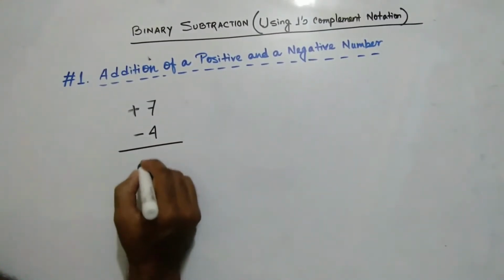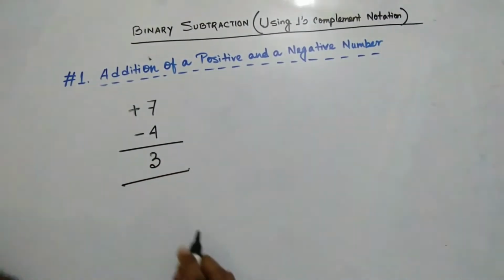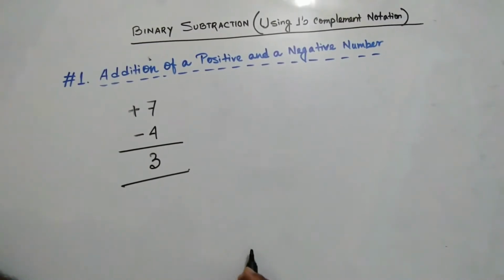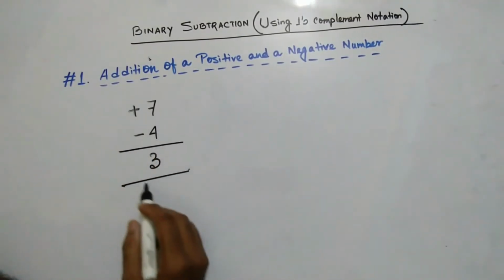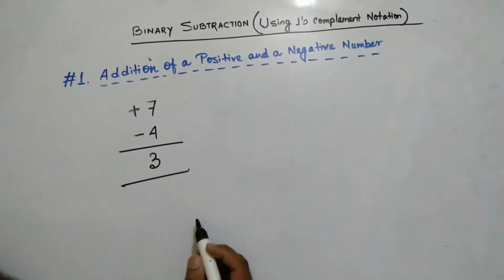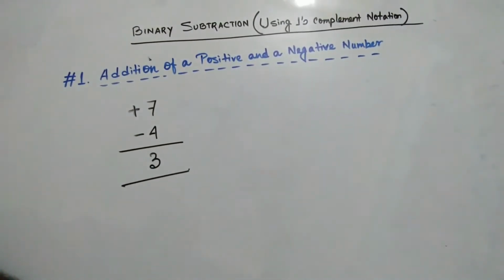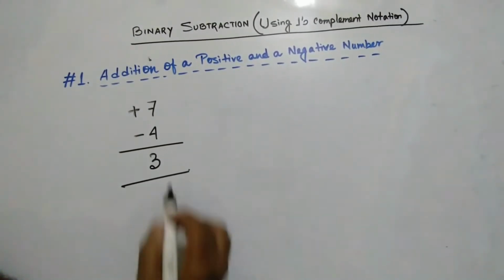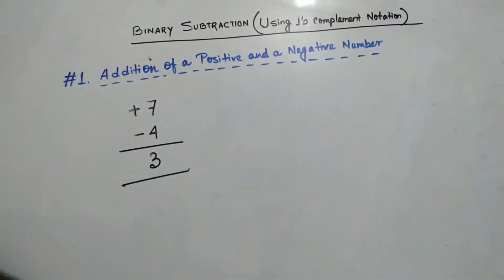The result should be 3, and it will be a positive number, since we are adding a positive number with greater magnitude to a negative number with lesser magnitude. So we are also performing binary subtraction, and this can be done using ones complement notation. Let's see how we can do the same thing that we have done in decimal, in binary format.